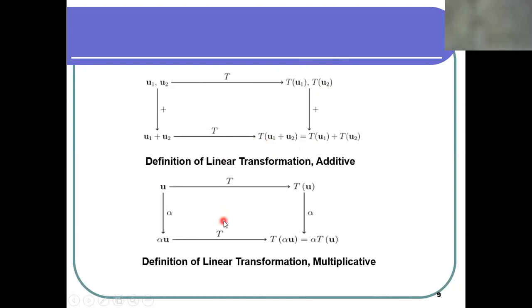Same is the case with multiplication. You have one element U, you apply the transformation on U, you get T of U. If you multiply alpha with U, you will get alpha times U, and you can take its transformation, and you will get T of alpha times U. And if you apply T on U, you will get T of U, and multiply alpha with this output, and you will get alpha times T of U. If these are equivalent, that is, the transformation from here to here and from here to here are equivalent, then if these two properties are satisfied, we can say it is a linear transformation.